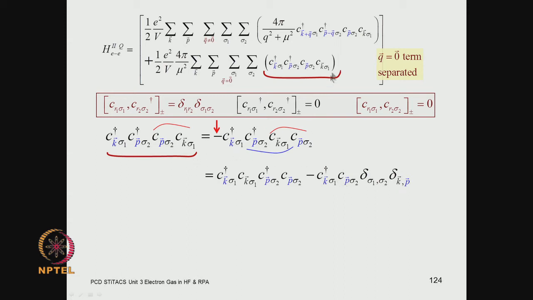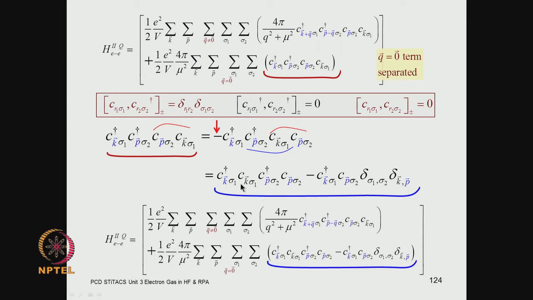These 4 operators, 2 of them creation operators and 2 of them destruction operators, together will give you these 2 terms now. So these 2 terms take the place of this single term.